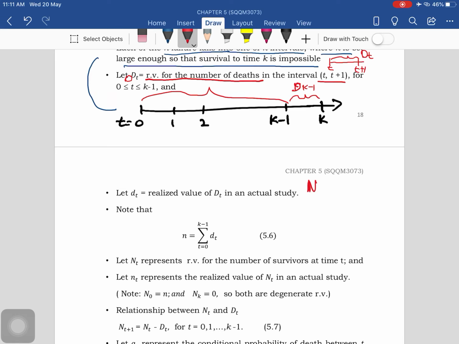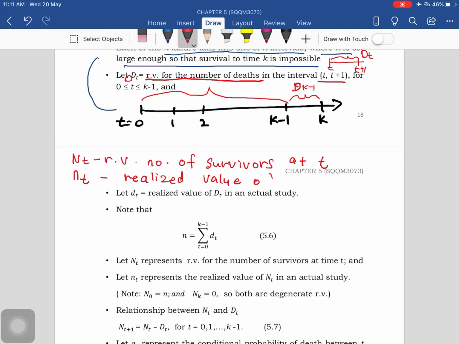Okay. NT is the random variable of the number of survivors at T. Small nt is the realized value of NT in an actual study.